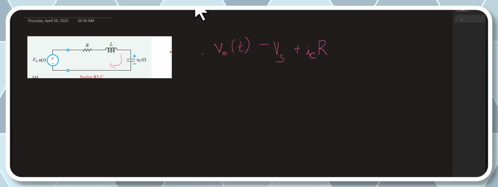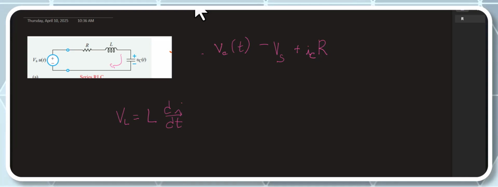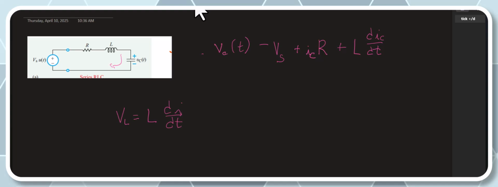Now, we know that the voltage across an inductor, so VL, is L di dt. And so when I get to the inductor, I can write this as plus L dIC dt.